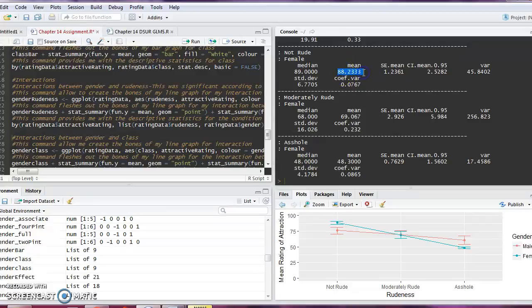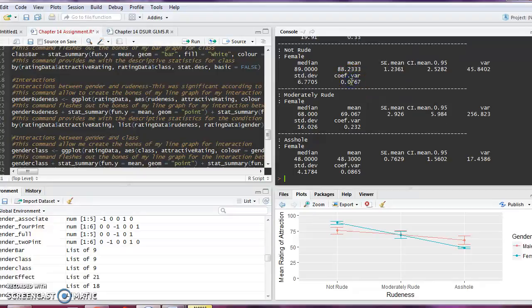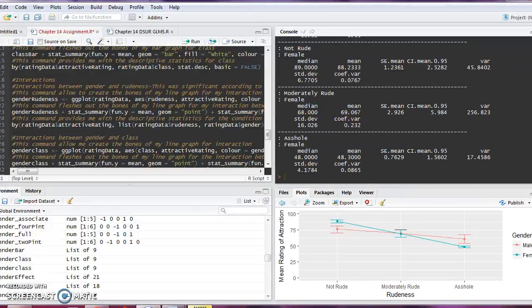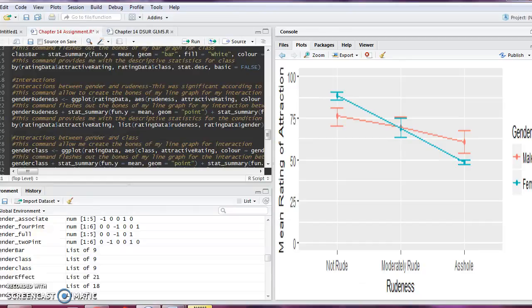Specifically, they were given 88.2 on the attractive rating scale, or as more attractive than those who were moderately rude dates or asshole dates. And we can see that pop up here.